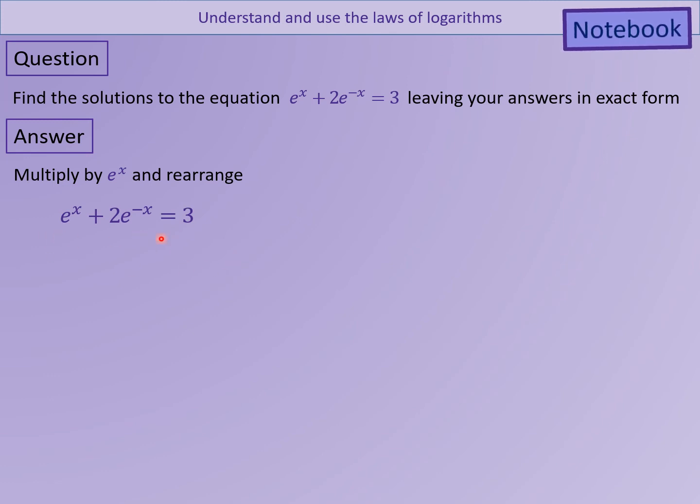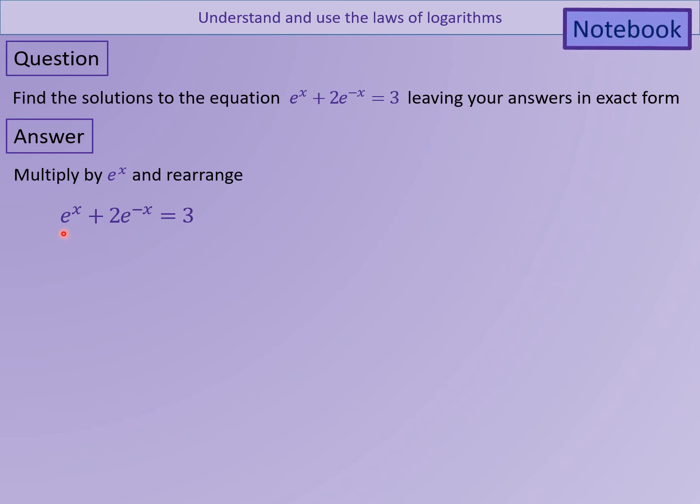So here's my original equation here. This second term, an alternative way of writing it would be 2 over e to the power of x. So that would create a fraction with a denominator, and I'd much rather not have that denominator there when I'm solving the equation.